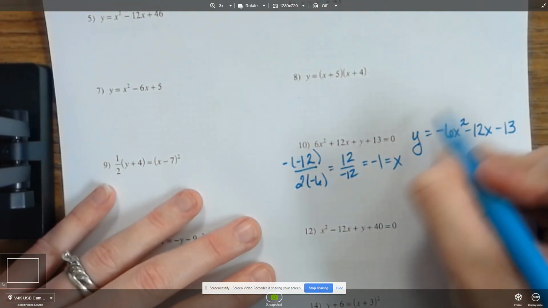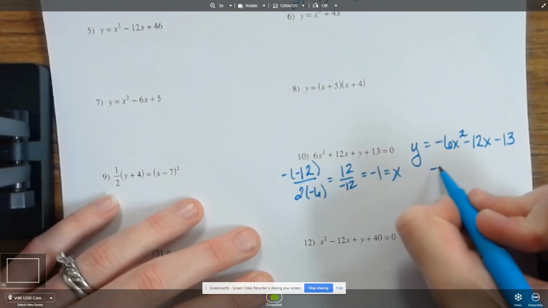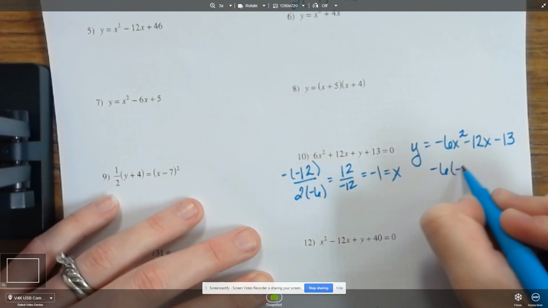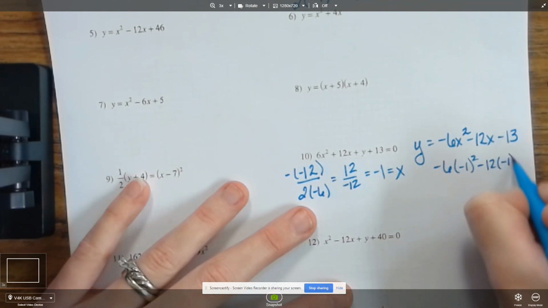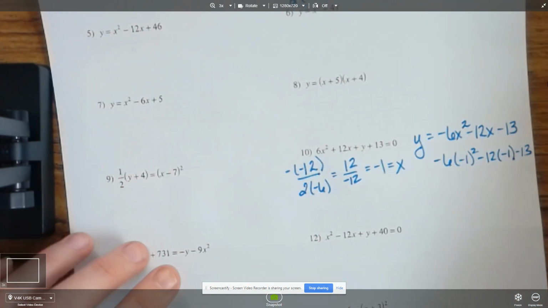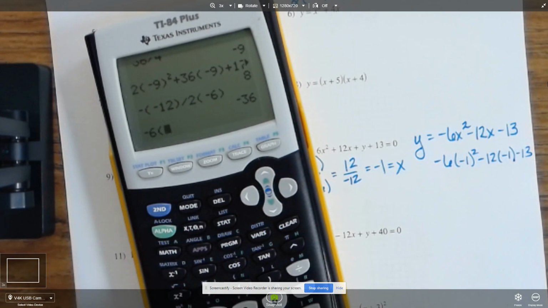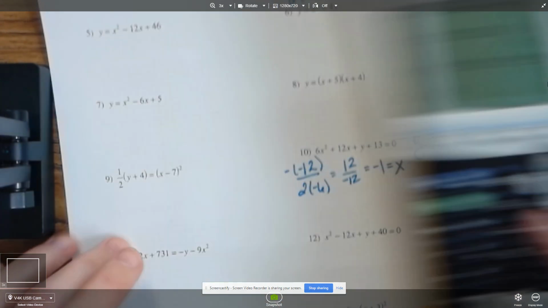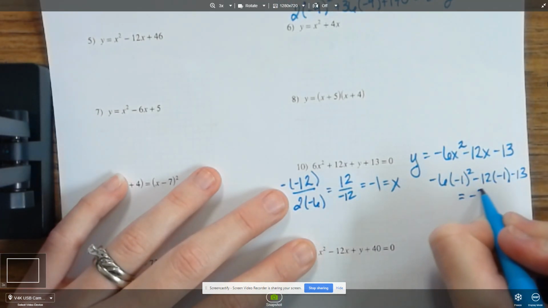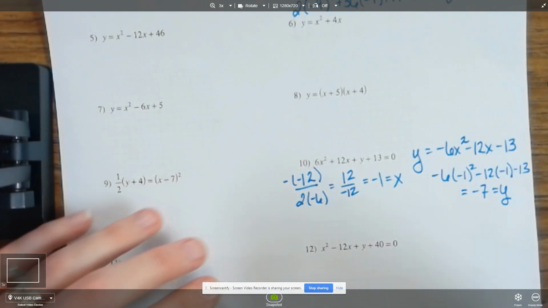So we plug this back in up here. So negative 6 times negative 1 squared minus 12 times negative 1 minus 13. And I get a negative 7. So this one equals a negative 7. That would be my y.